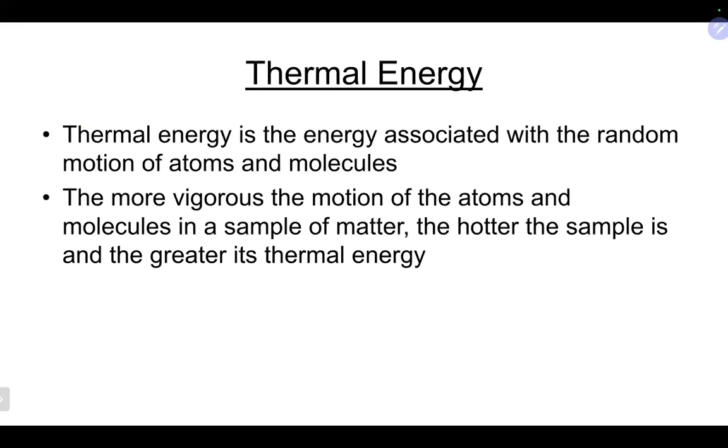Now, when we talk about thermal energy, it's a little bit different than temperature. Thermal energy is the energy associated with the random motion of atoms and molecules. Really, the more atoms and molecules you have, the more motion you will have, and that will actually result in a greater thermal energy. And that is a little bit different than temperature. Temperature is a reflection of the energy that is being absorbed or given off.